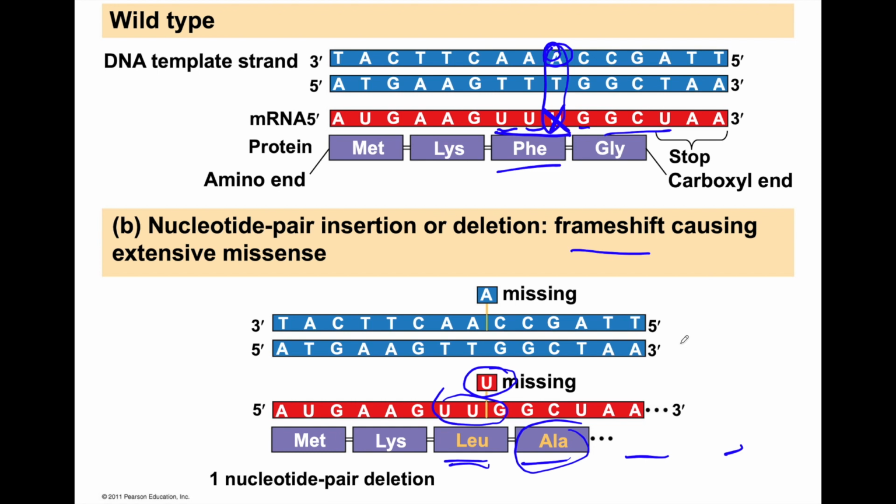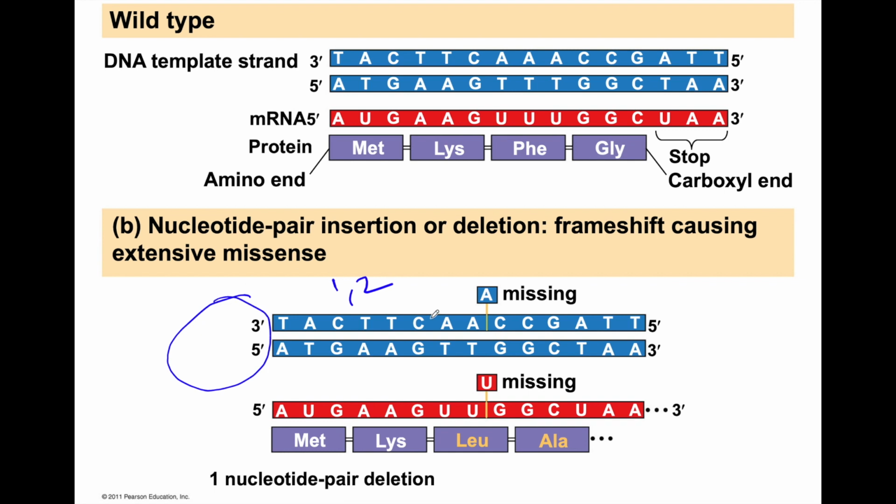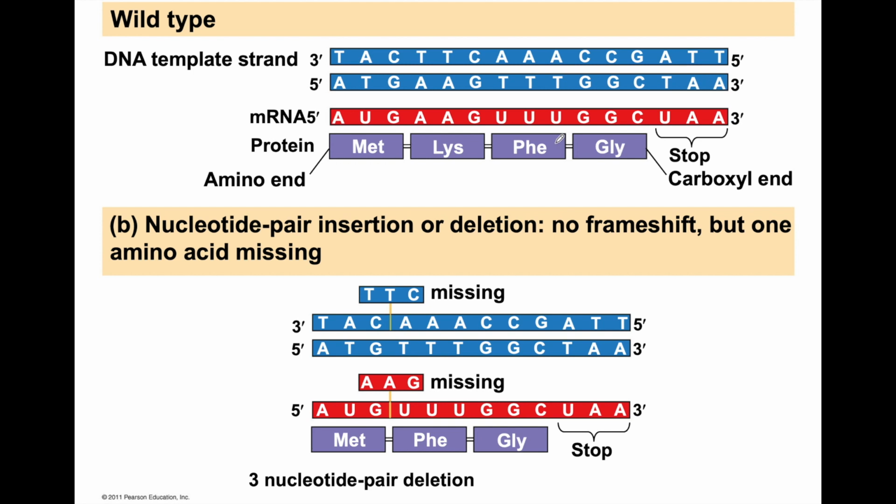Now, this is another example of something that's most likely to have a very negative effect for your cell. If you add or remove one or two bases near the beginning of the gene, near the promoter sequence, then the whole rest of the protein is going to be wrong. So that's very likely to have a very negative effect. Now, if you add or remove three bases, that will not cause a frame shift. Let's say we have these three bases here, TTC, and we delete them.